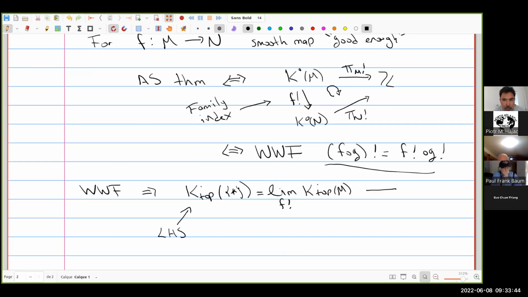And the assembly map in this case, which is, of course, an isomorphism, is very well known. So this is just for a point. The assembly map is given by... an element here is essentially a class in a direct limit of groups. So it's in fact a class of an M and some K-theory element in the topological K-theory of M, spin^c.